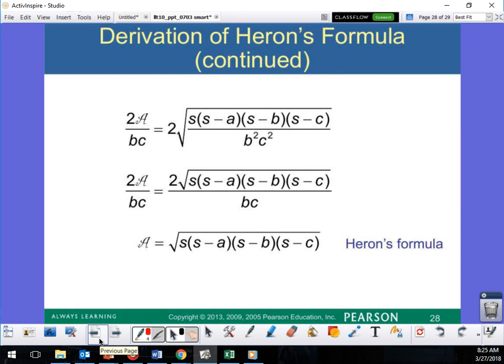There it is, a whole bunch of slides later. It's a pain. It really is. It's better. So to find the area, instead of Heron's formula, find the angle first, and then plug it in law of sine. All right, so questions? Let's take a look.